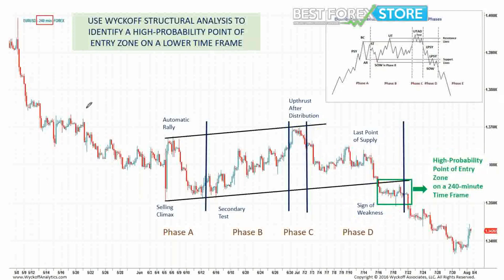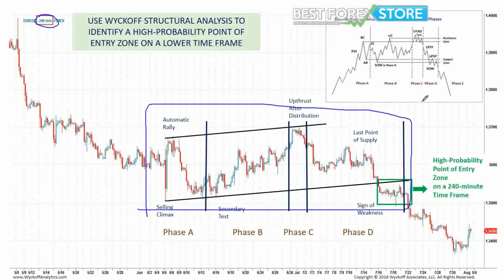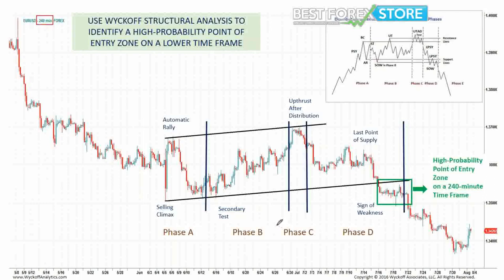So here on the 240 minutes time frame, and as I mentioned in the introductions, I actually like this time frame for currencies, because see how nicely you see the whole structure here, which on the daily is somewhat obscured, not in terms of the structure, but in terms of where we actually would go in.